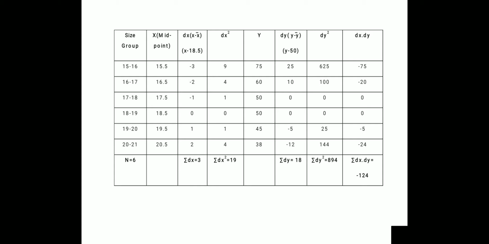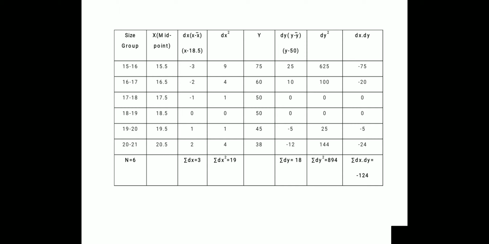Now you can have a question: why is 18.5 the assumed mean? As the size group is in a continuous series, to continue the calculation we need the value of x, and x of a particular continuous series will always be the mid values of the series. So we first consider the mid values of the series and then continue with the calculation of correlation. And you can assume any of the midpoints as the assumed mean of a particular series.